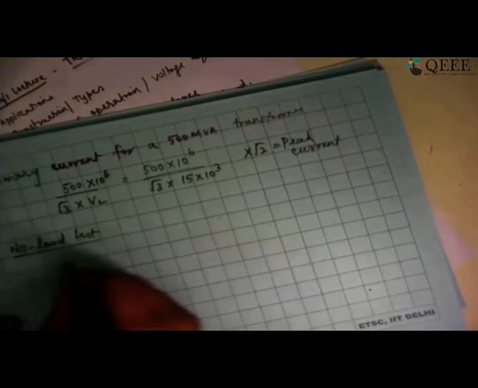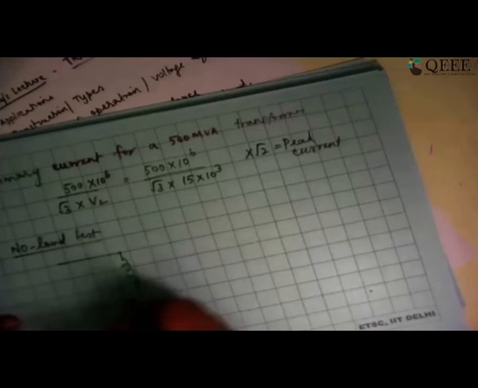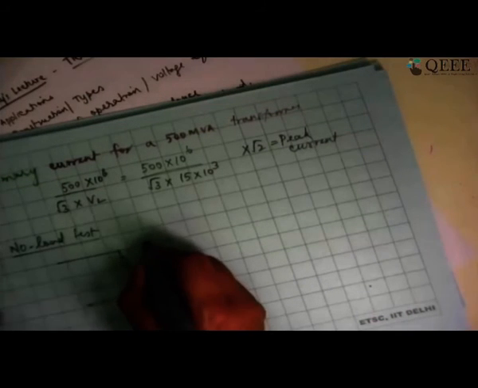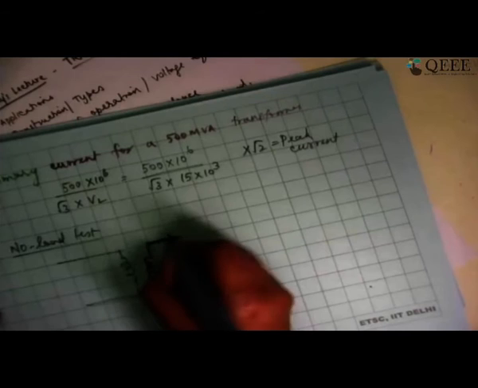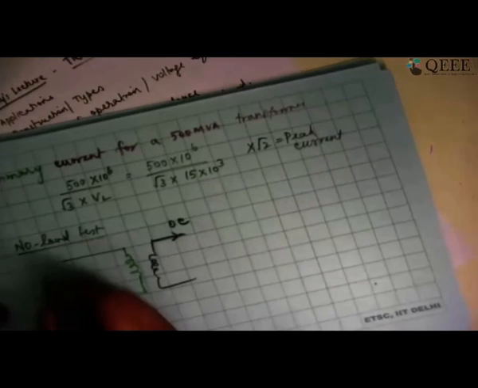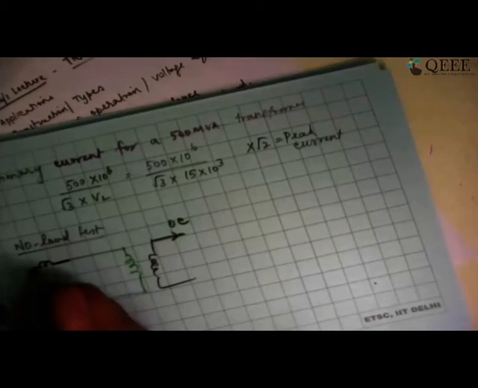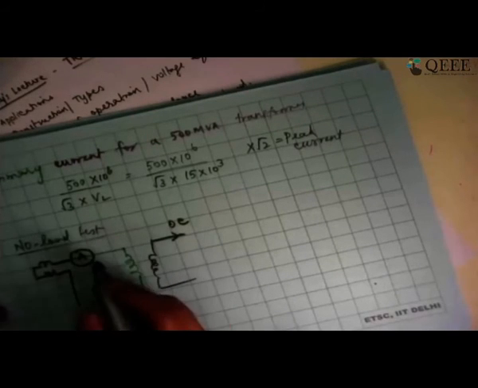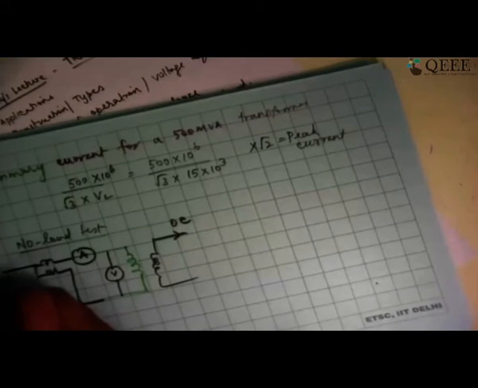I'm going to have the transformer sitting here, with the secondary side open circuited, and I'm going to put a wattmeter, an ammeter, and a voltmeter, and I'm going to apply rated voltage.